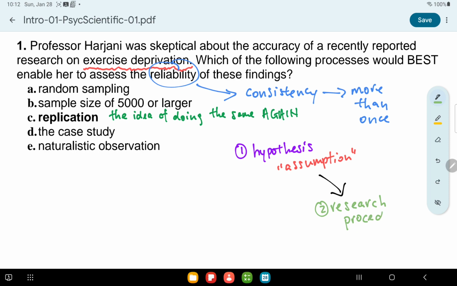Some ideas, depending on the specific research question, can hold a higher level of strength of truth than others.